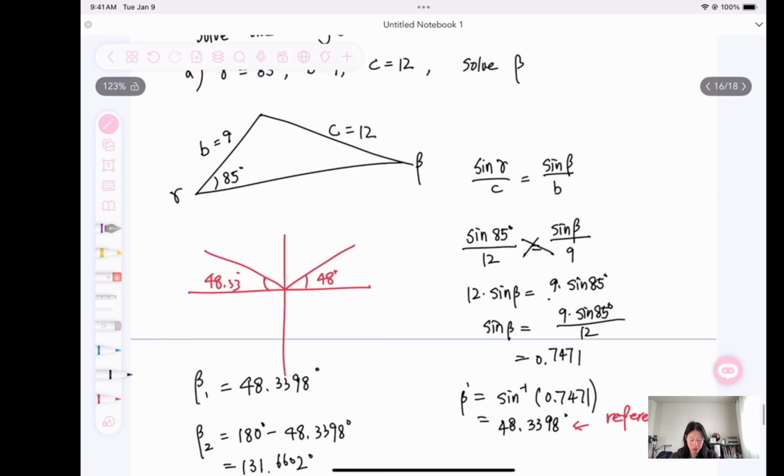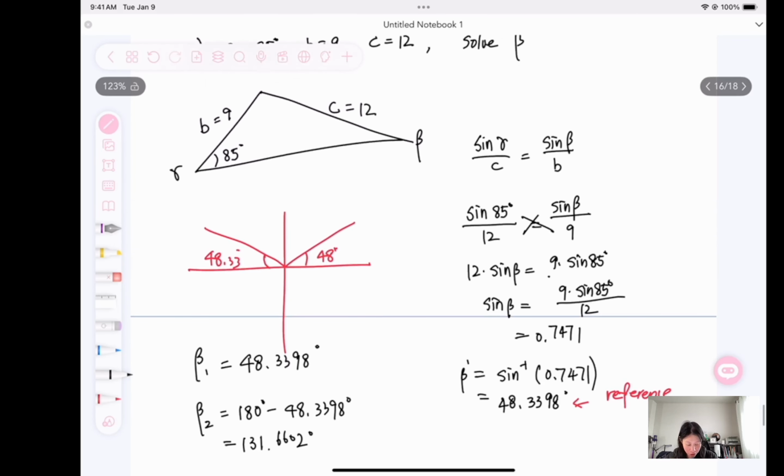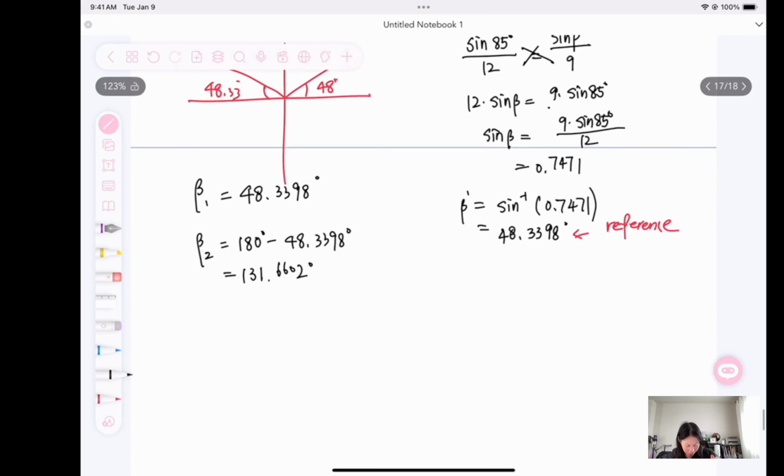Another way to do it is to find the third angle and check with the golden law that we talked about: the bigger angle corresponds to the bigger side and the smaller angle corresponds to the smaller side. So now I am going to go ahead and find the third angles and see what happens.